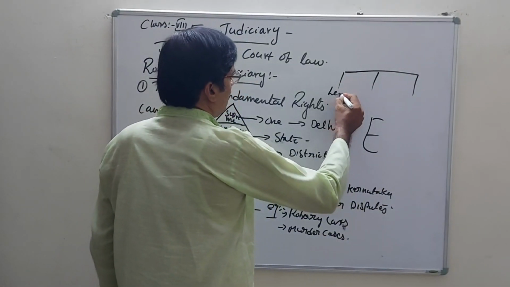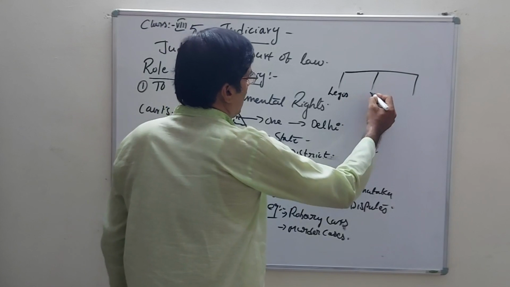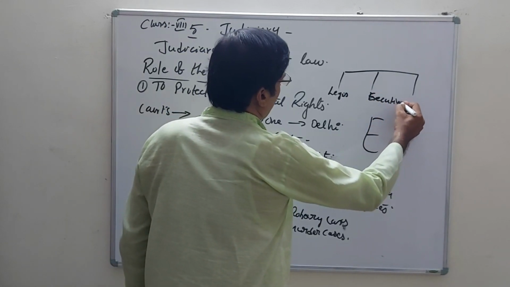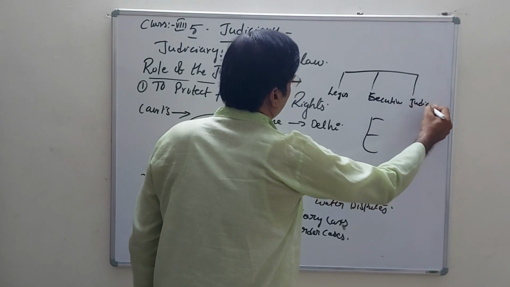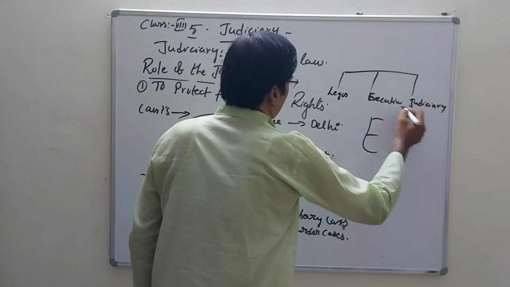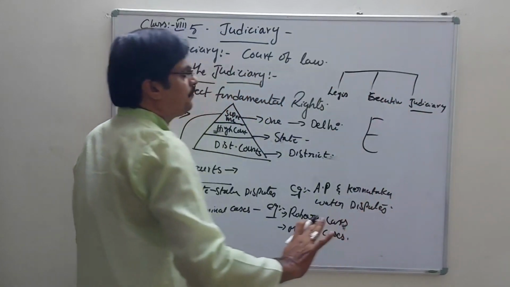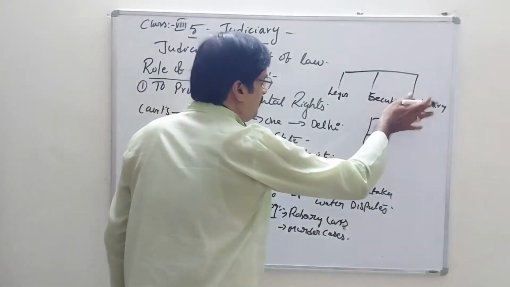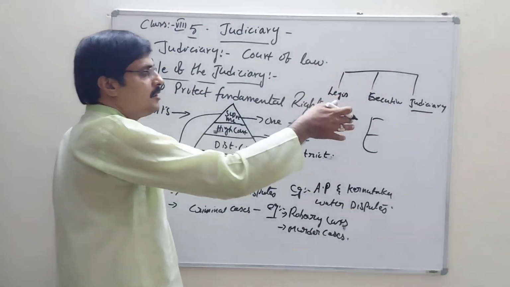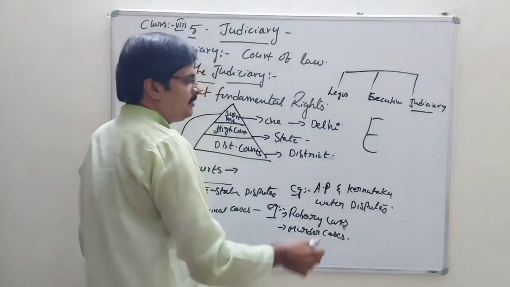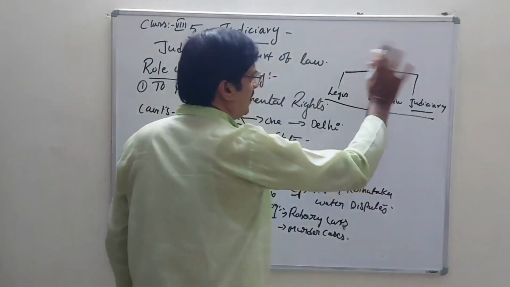That means legislative, executive, and also judiciary. Judiciary is not at the third level. It is equal to all the others. It occupies a very important role in the country. All these levels are equal only.